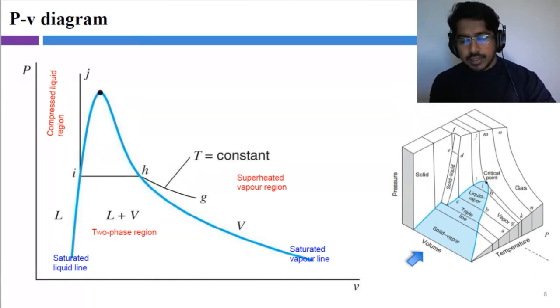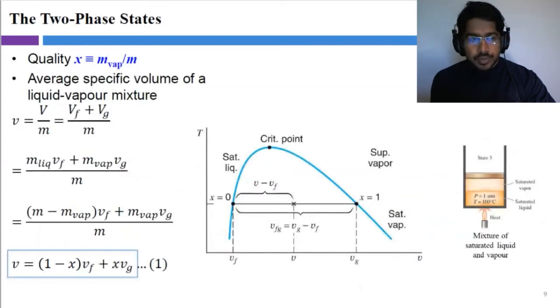Now we discussed the PV, TV, and PT diagrams up to this point, right? So now let's look into something very important, the quality in the two-phase states, right?